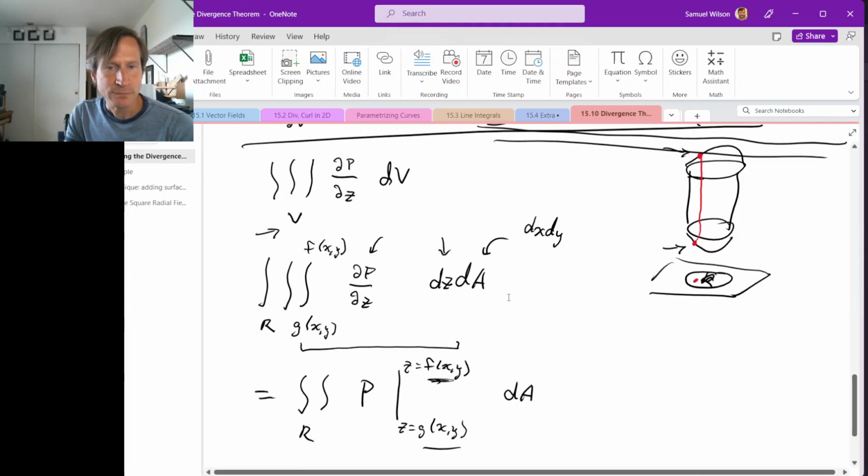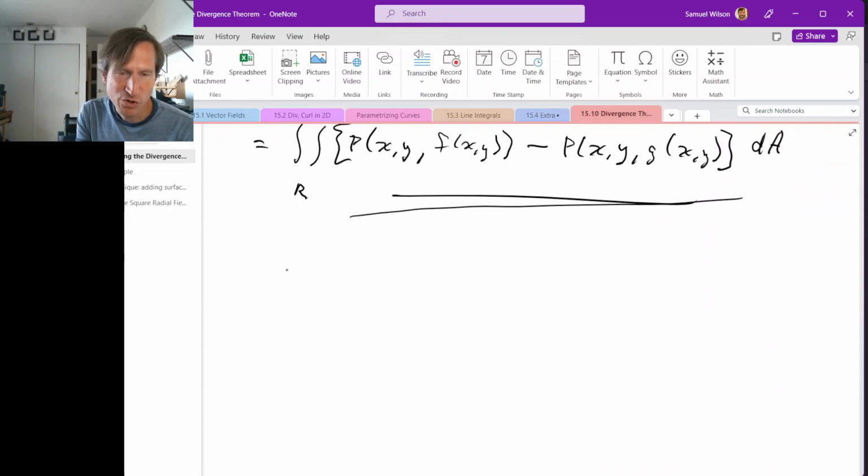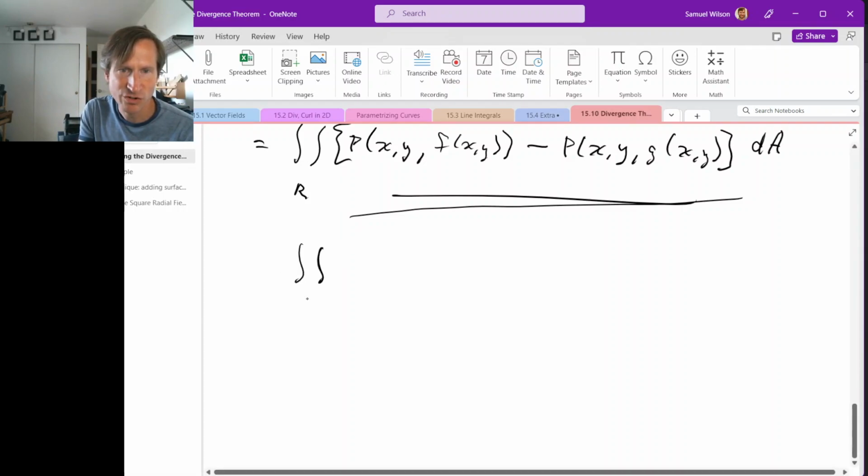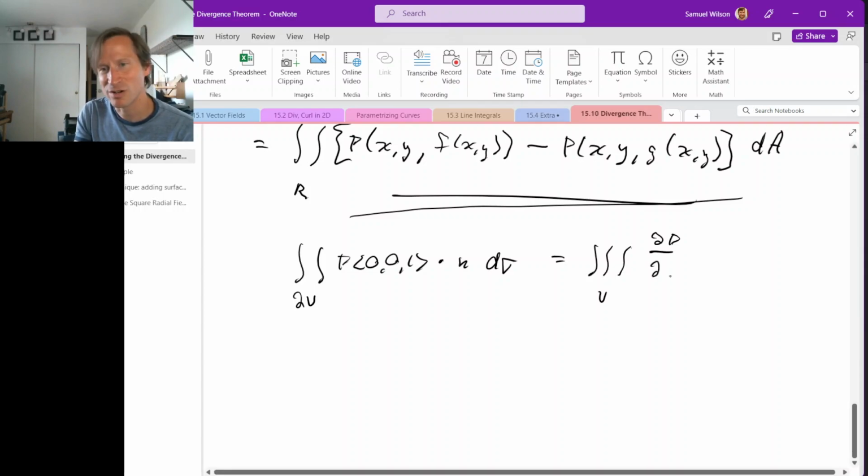So we have proven that this formula, the integral over the boundary of a volume of P times (0, 0, 1) dotted with n dσ equals the integral over the volume of partial P partial z dV.